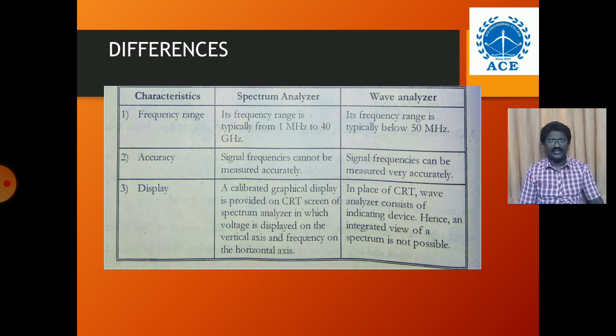Already I have mentioned the agenda of unit 2. Actually this has 19 topics. First topic, wave analyzer. Already you know the classification of the wave analyzers as two: first one frequency selective wave analyzer, and second one heterodyne wave analyzer.